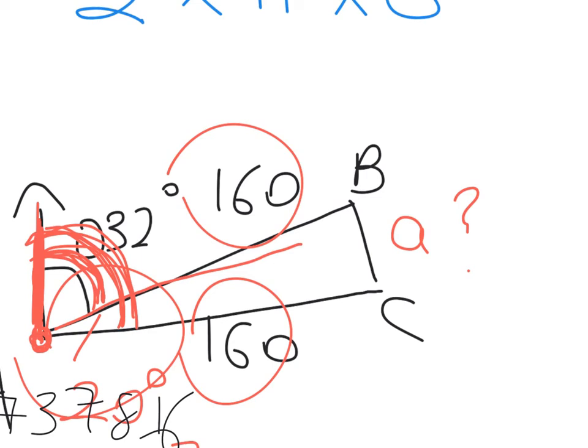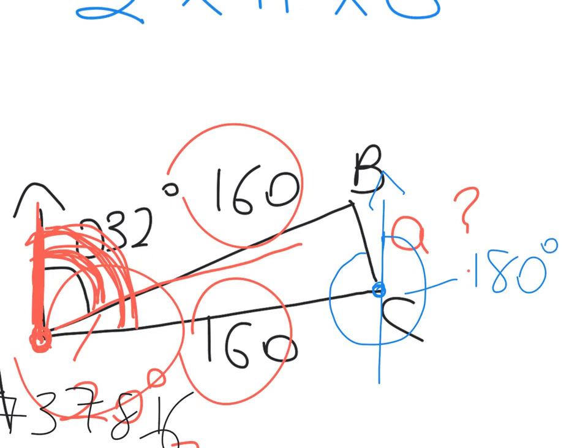Part B then says, what is the bearing from C to B? So from C, remember, from north in a clockwise direction, we need to find that angle which will take us to B. Well, if we split this up, from north to south, first of all, is 180 degrees.